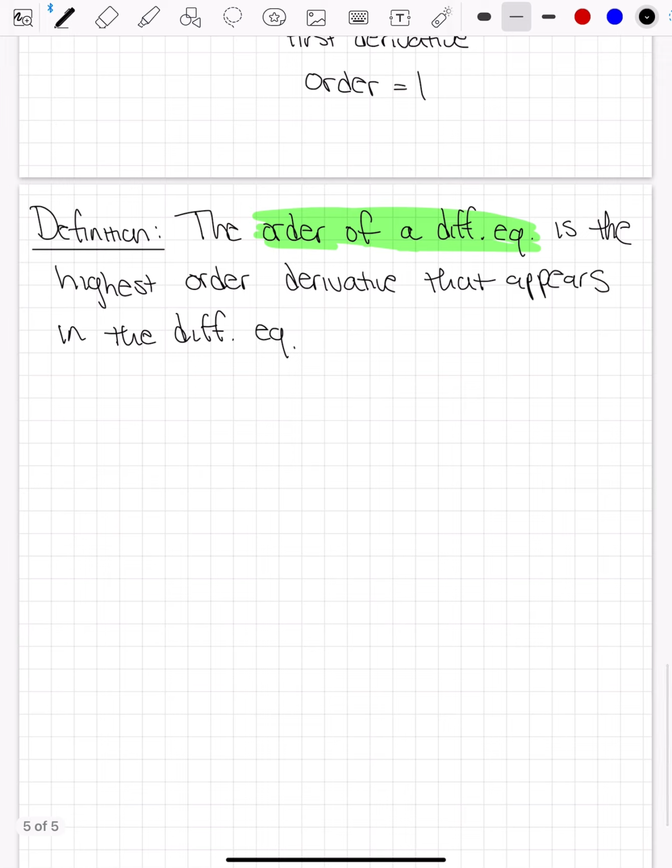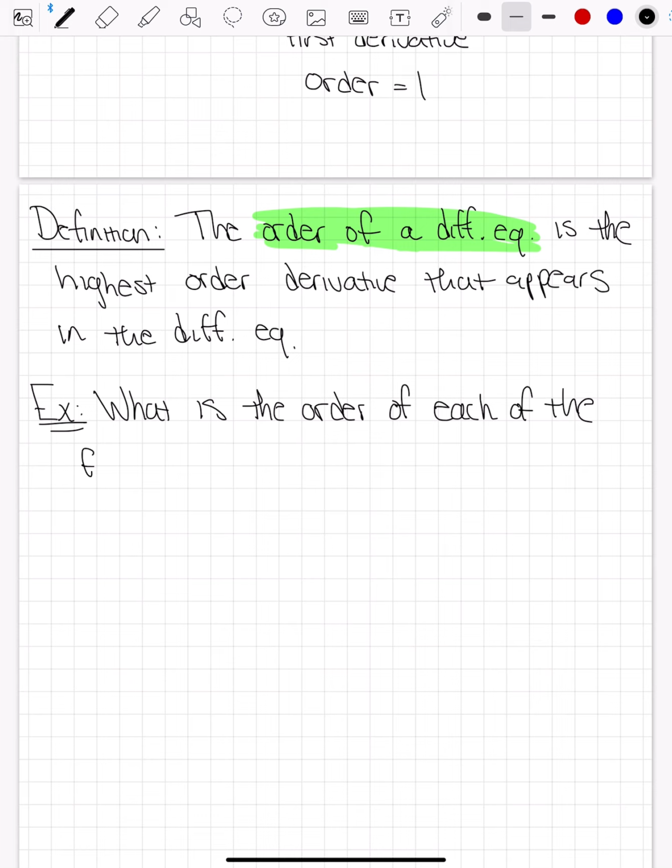Okay, so let's do a couple more examples. What is the order of each of the following differential equations?